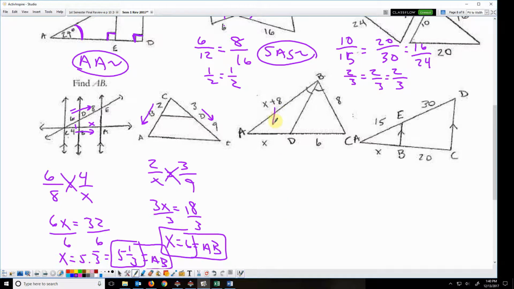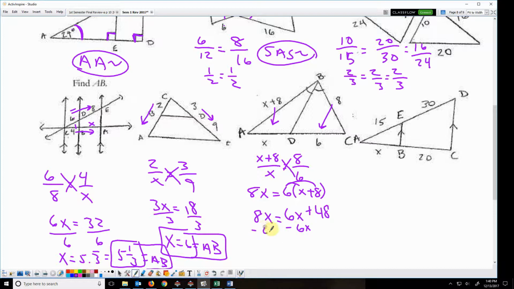Okay, this time I'll do x plus 8 over x equals 8 over 6. My cross products are 8x and 6 times x plus 8. I need to distribute the 6, so I get 6x plus 48.